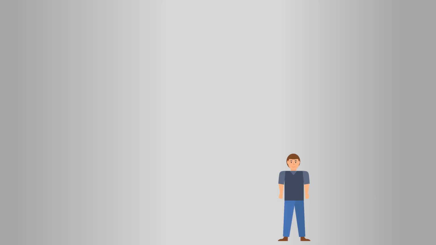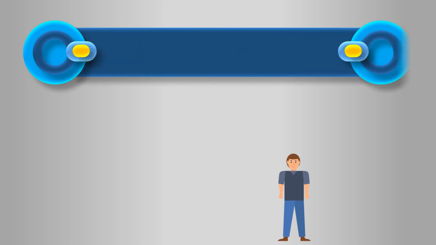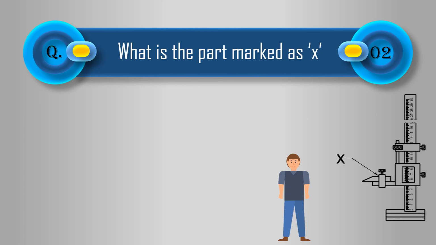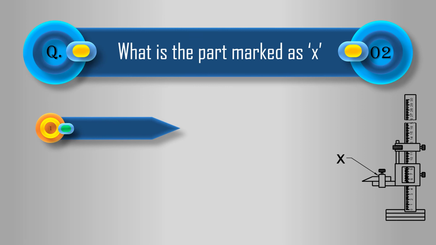After the completion of vernier height gauge topic, we are going to play one quiz related to this topic. The question is: what is the part marked as X? The options are 1.